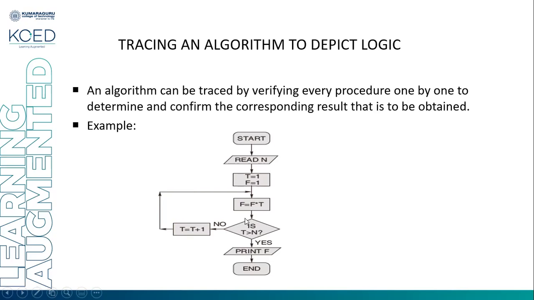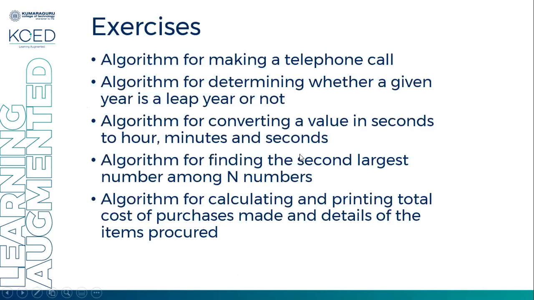Then t becomes 6, and after the multiplication it comes to this place. Is 6 greater than 5? Yes, then it will print the result and come out. By using this you are able to trace the algorithm.